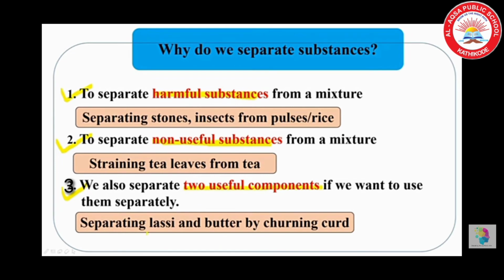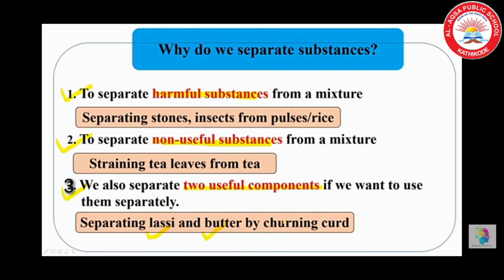That also we discussed, that is separating butter and buttermilk from curd. That means by the process of churning curd. Both these components, buttermilk and butter, are useful components. Okay, so these are the three important reasons for separating substances.